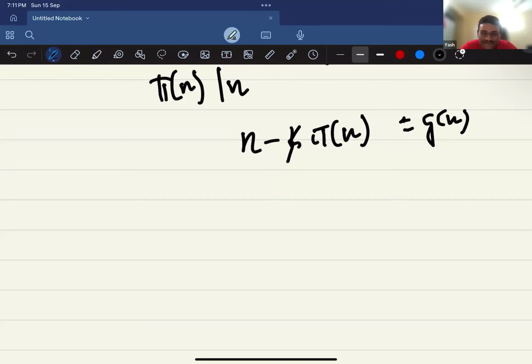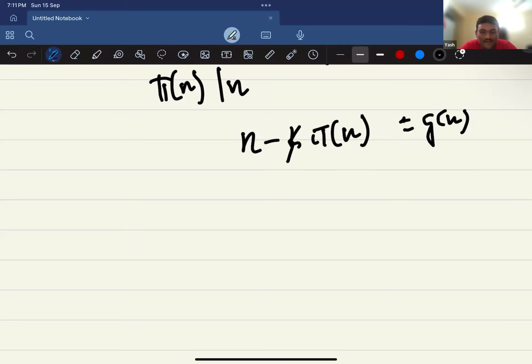Guys, at least tell me what the increment is. It's not that bad. The function would increase by 1 or 1 minus k.